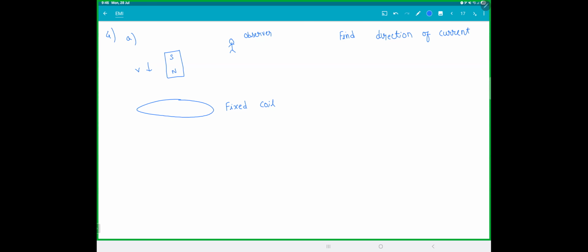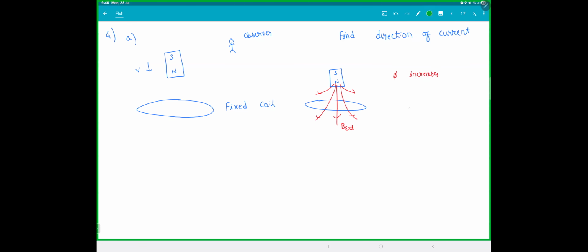Let's see. Step one, what to do? We don't want the magnitude anyway, so let's get the direction of the field lines. So how will the field lines look like for a magnet? The lines go like this. Now you tell me, if you're getting closer, is the flux increasing or decreasing? Flux increases. This is your direction of B external. So the flux increases, the coil doesn't like this.